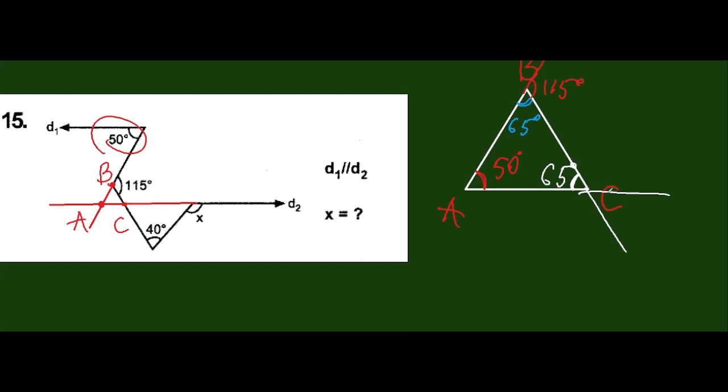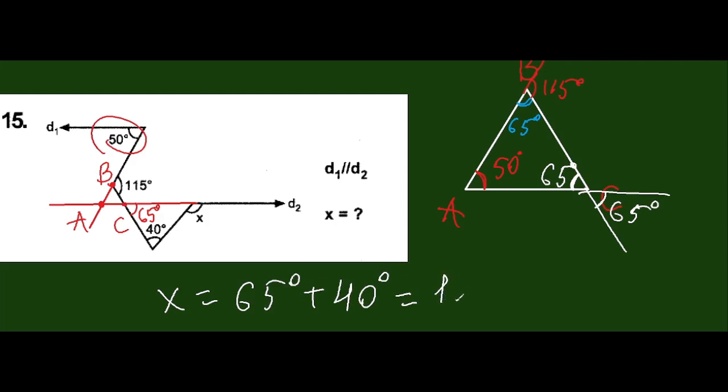And as the vertical angles are equal, this will also be 65 degrees, which means this angle will be 65 degrees. So from here we can find out x, and x will equal 65 degrees plus 40 degrees, which means it will equal 105 degrees.